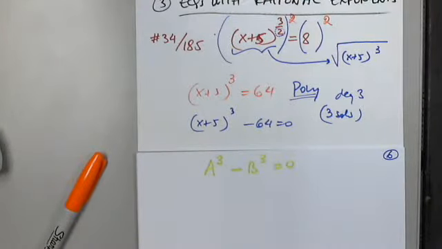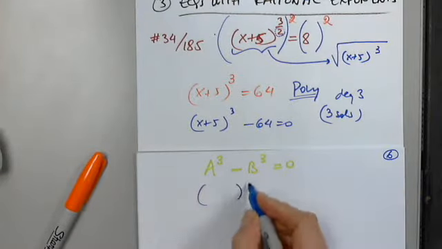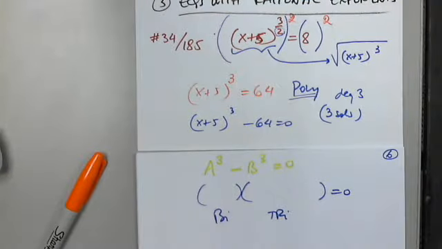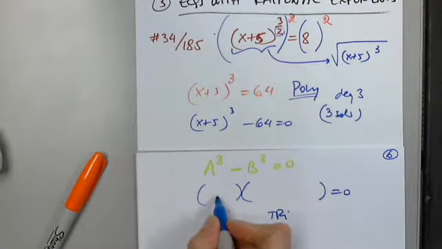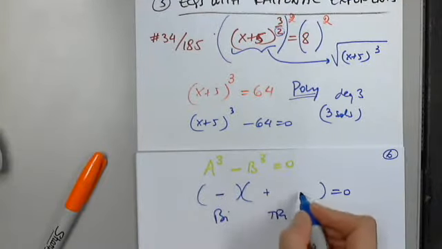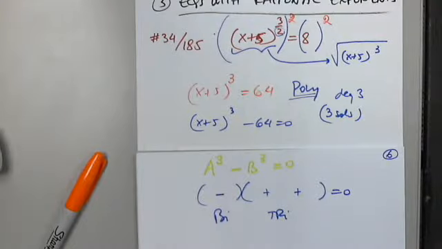When we factor the difference or the sum of cubes, very good. What is the sign for a cubed minus b cubed? What will be the sign inside the binomial? Very good. What will be the sign in the middle? Very good. The last one, we don't even discuss it. It has to be positive.